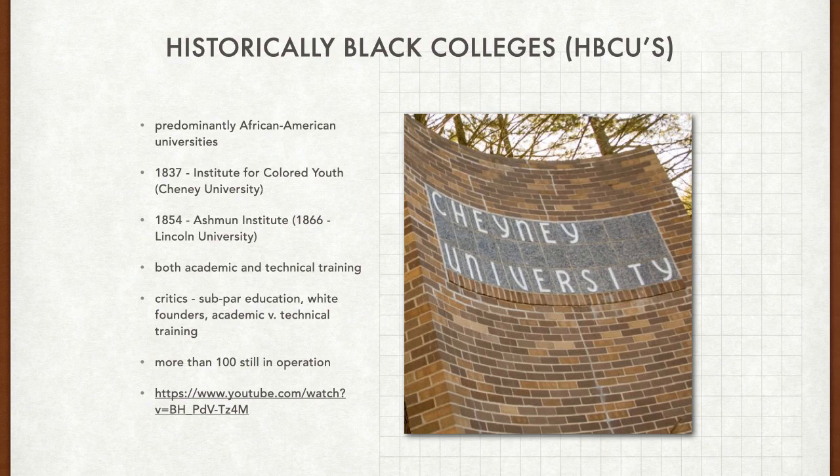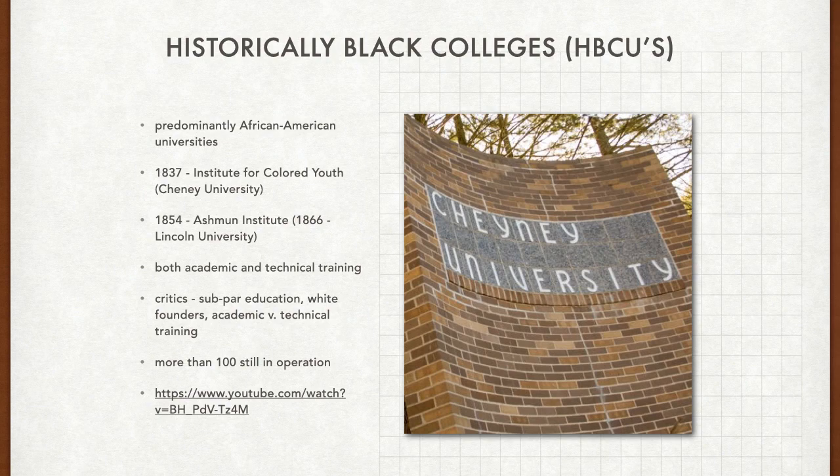Most of these schools are co-educational, and they always have been, meaning that the boys and girls could go to the same school. The growth of HBCUs spurred controversy among prominent African Americans in the late 19th and early 20th centuries. Some critics noted that many HBCUs, particularly those existing in the years immediately following the Civil War, were founded by whites, many of whom had negative preconceptions of the social, cultural, and intellectual capabilities of blacks.